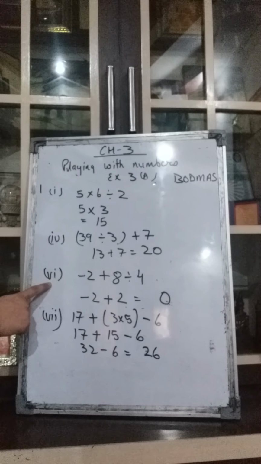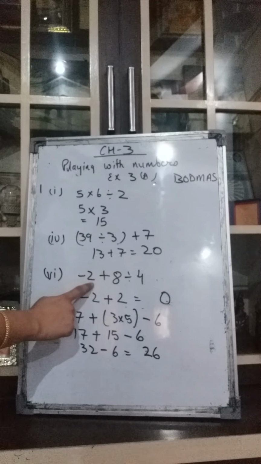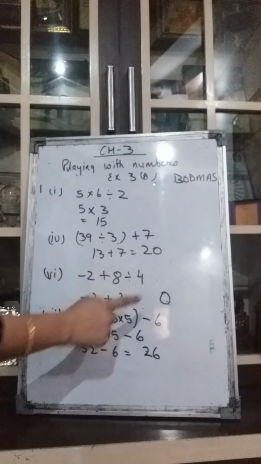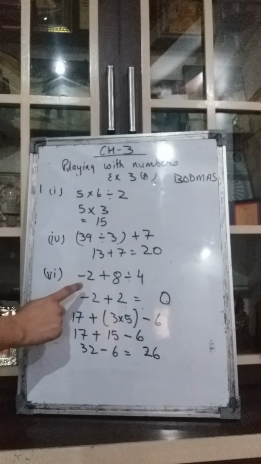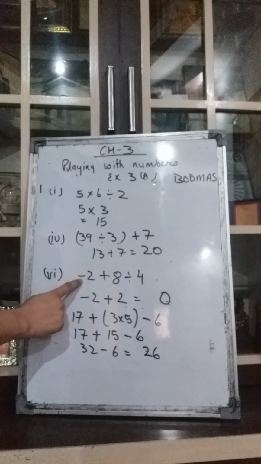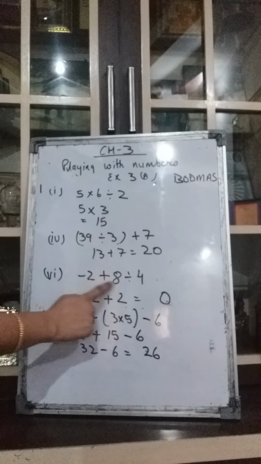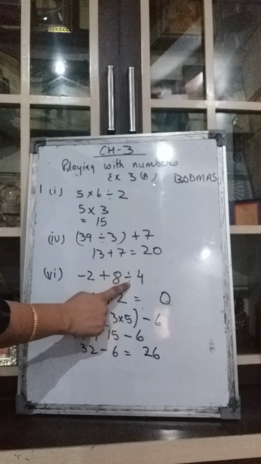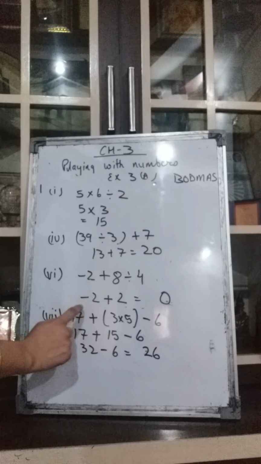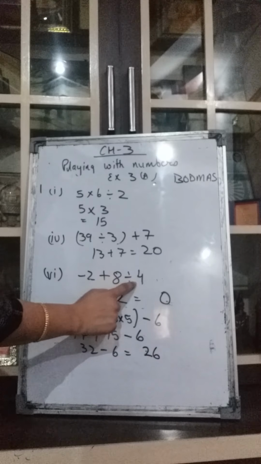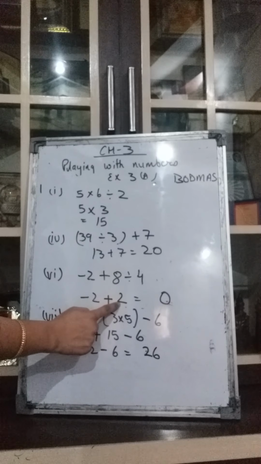Now we come to the sixth part. It says minus 2 plus 8 divided by 4. Follow the BODMAS rule. How many operations are there? There is minus 2, this is a sign with this number only, and there is a plus operation and there is a division. So division will be performed first. So it will be minus 2 plus, which will remain as it is, 8 divided by 4, which gives you 2, right?